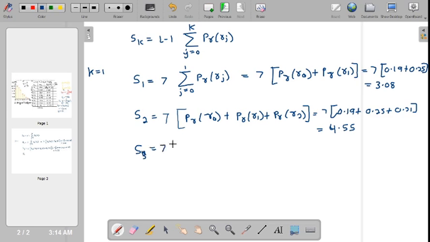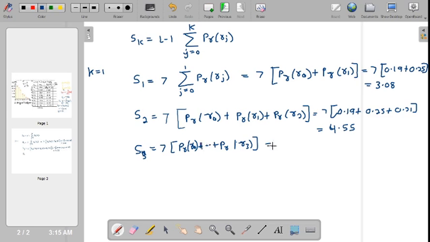Next is S3. It is 7 into the same thing, up to p r of r3.